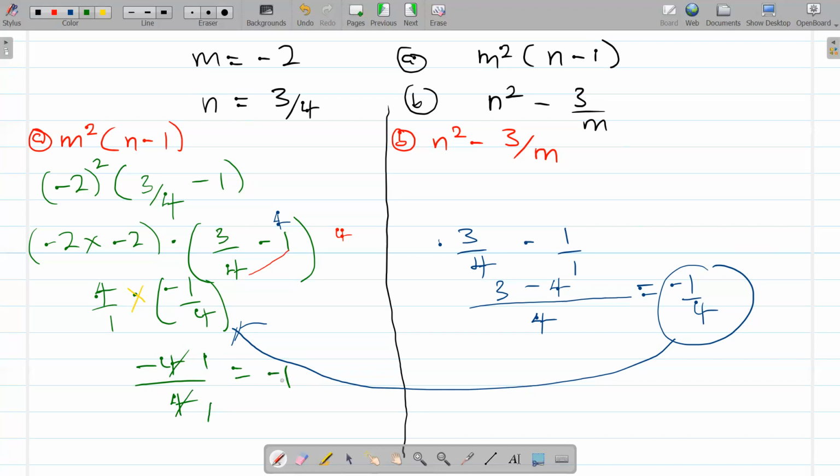Minus 1. Okay, so forget about it: we only use the cross multiplication when there is an equal to sign. So you just need to multiply 4 times minus 1 minus 4. 1 times 4 is 4. So this will give us what? Minus 1. Is it okay now?